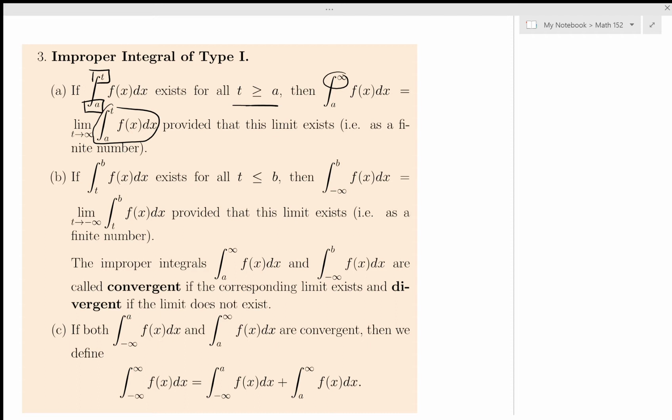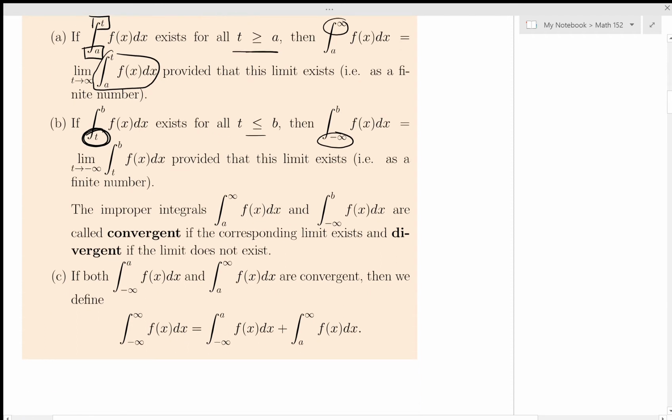Similarly, if it exists for all t less than b, so now the t is on the lower limit of integration, then we can take the limit as t goes to minus infinity, and we have the same thing. If the limit exists, we call the integral convergent, and if the limit does not exist, we call the integral divergent.